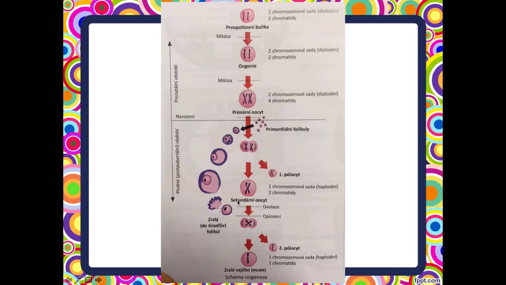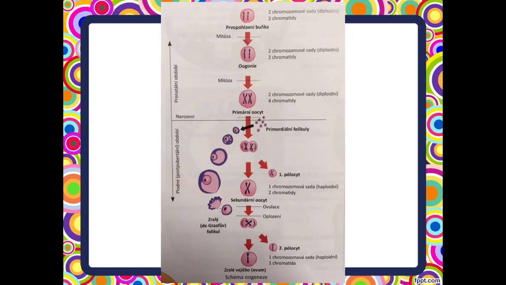Secondary oocyte during the ovulation enters the second meiotic division, which will stop in metaphase. The secondary oocyte will stay there until the fertilization occurs.